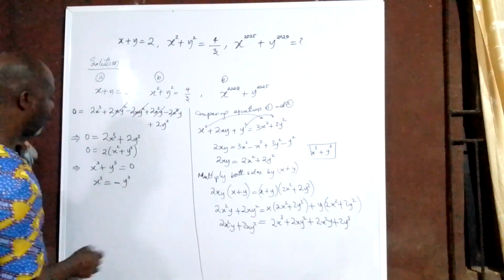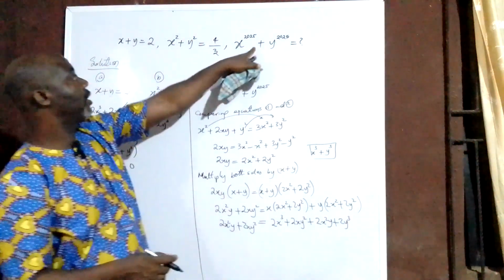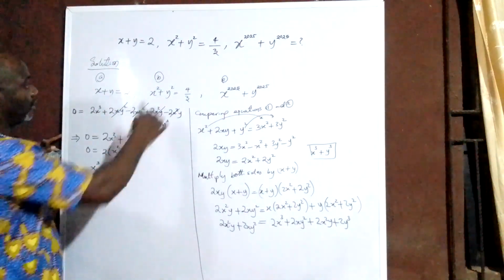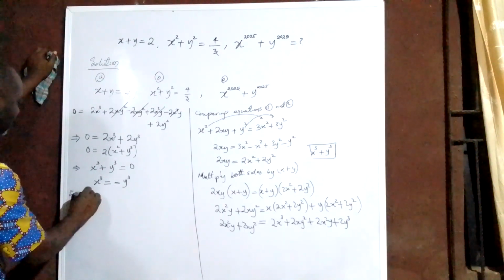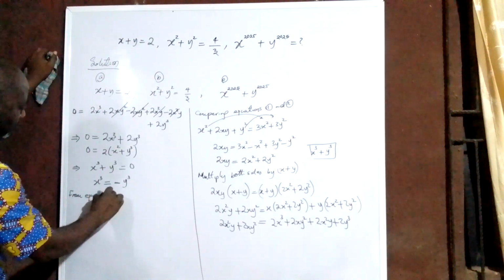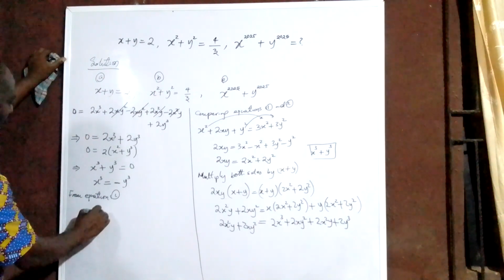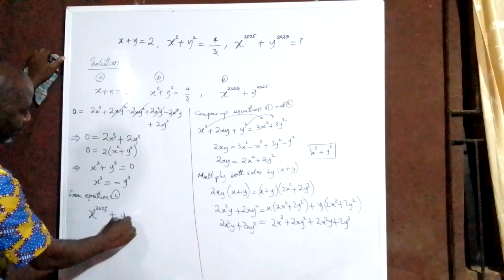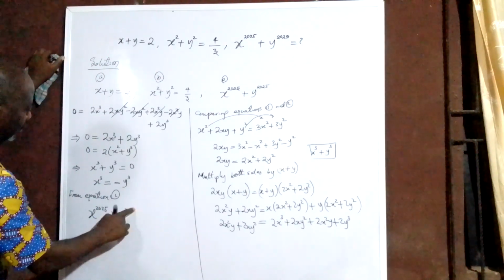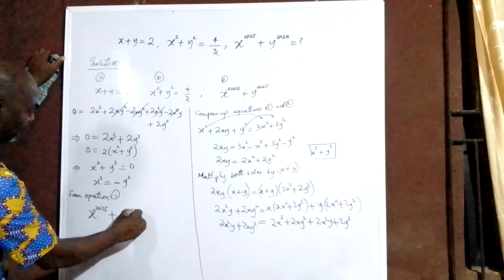Now I'm going to go over to equation C: x to the power of 2025 plus y to the power of 2025.